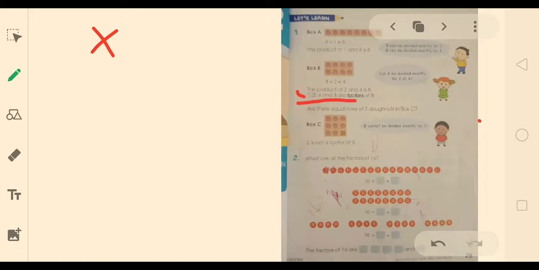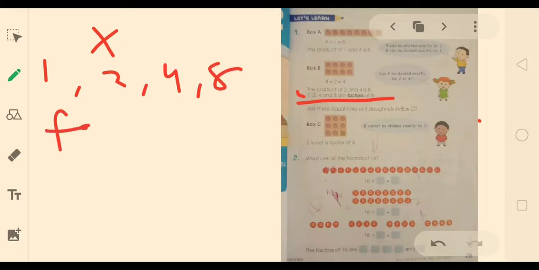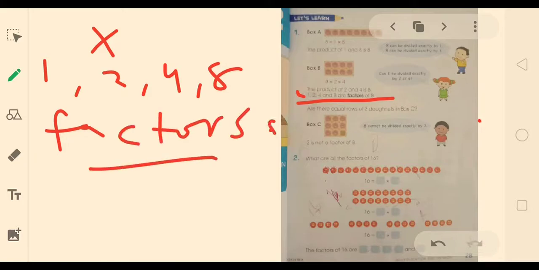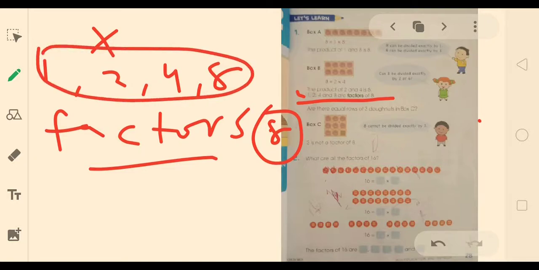So what does it mean? 1, 2, 4 and 8 are the factors of 8. Listen to me, class. It means 8 is divisible by all these numbers. Is it clear? 8 comes in the table of all these.